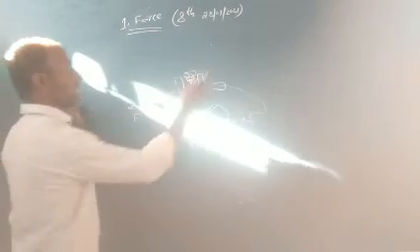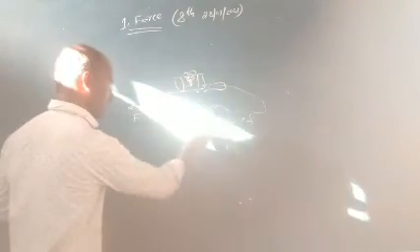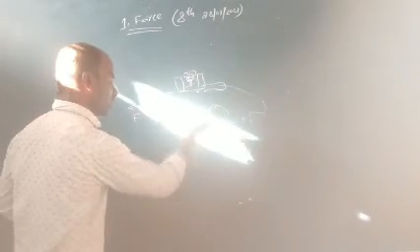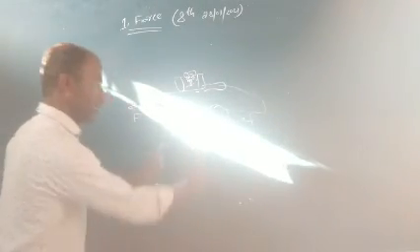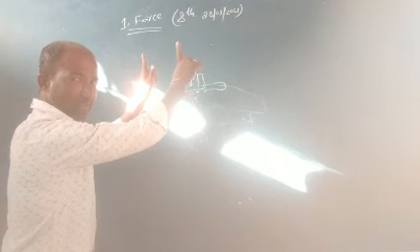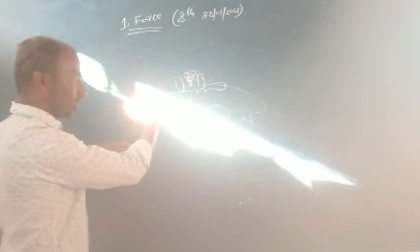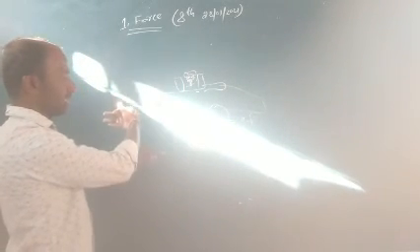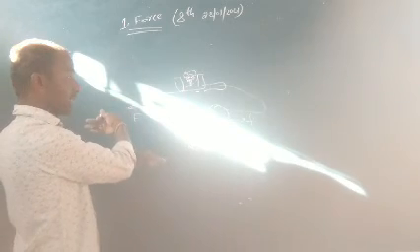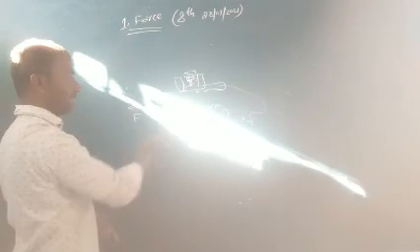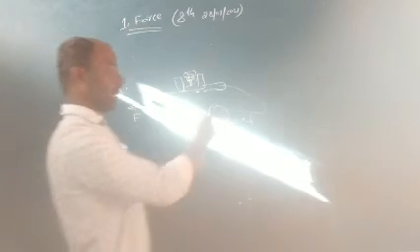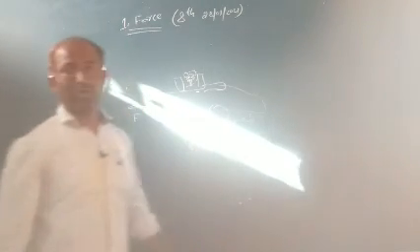W means the weight of the object acts downward, and the normal force acts upward. The net force acts from right to left, towards the left side, but the friction force acts towards the right side, opposite in direction to the movement of the object.